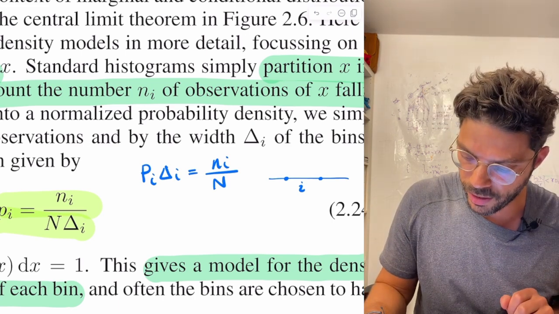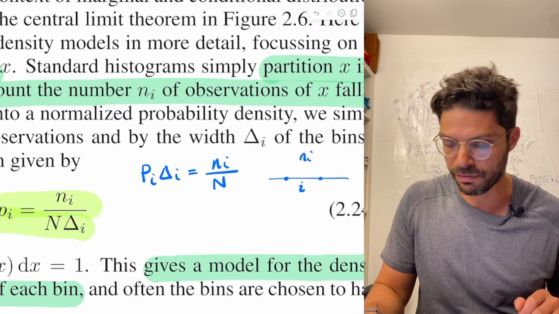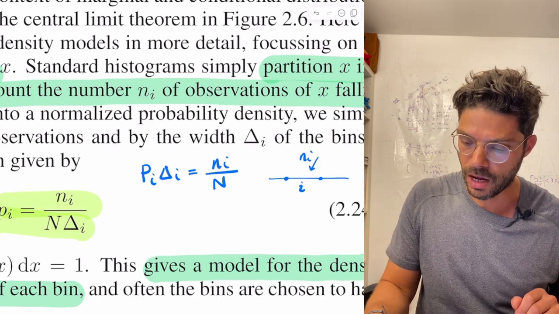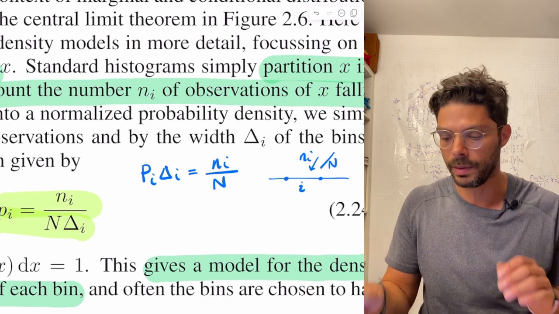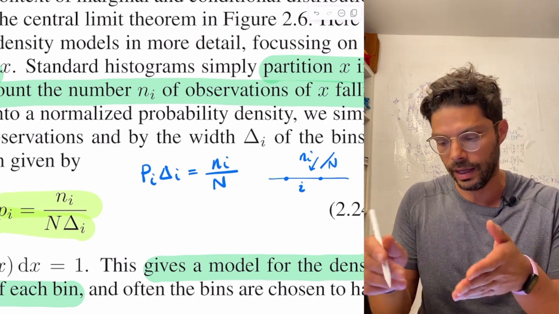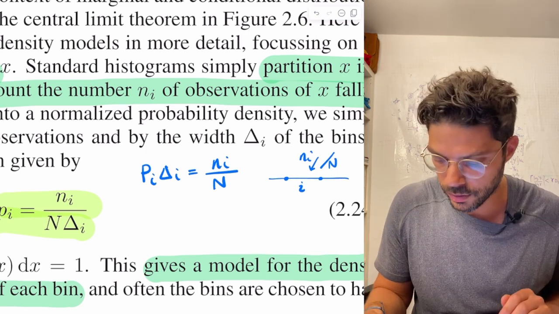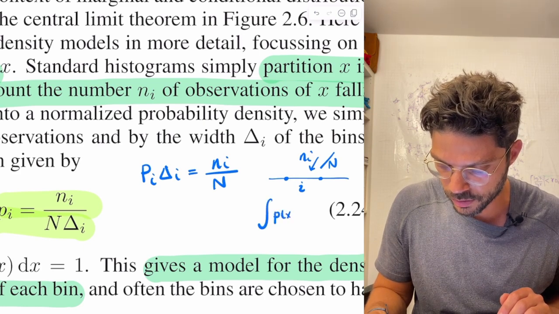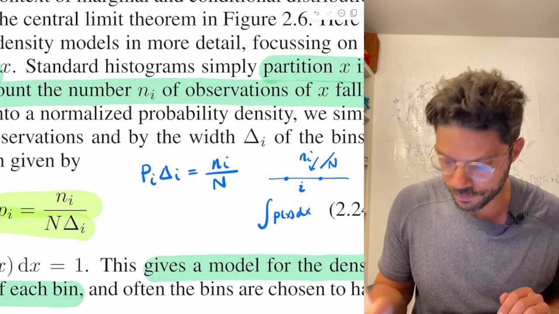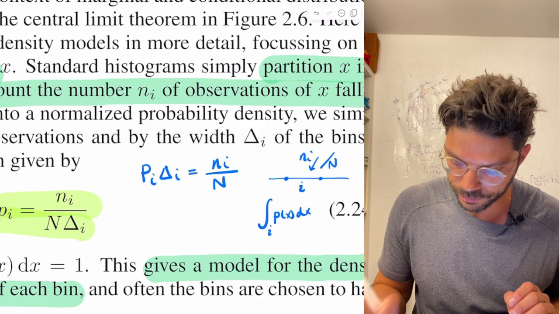And we found that there's ni of the points that have fallen inside this bin out of a total of n. So the total probability in that interval is, let's say we're going to go p of x dx, and I'm just going to call this region I, right?